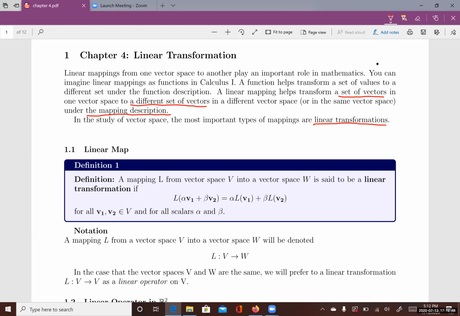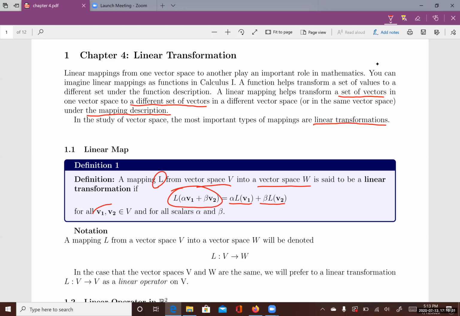A map L from a vector space V into a vector space W is said to be a linear transformation if you apply the map L on the linear combination of v1 and v2, with alpha and beta as the weights, then it equals alpha multiplied by the map L applied on v1 plus beta multiplied by the map L applied on v2.